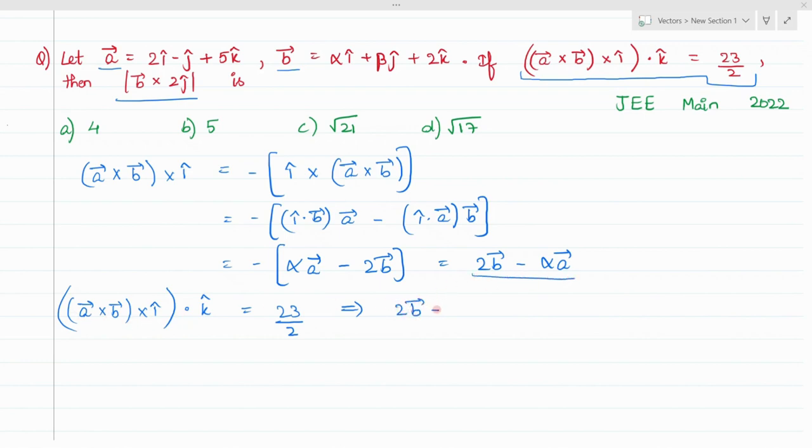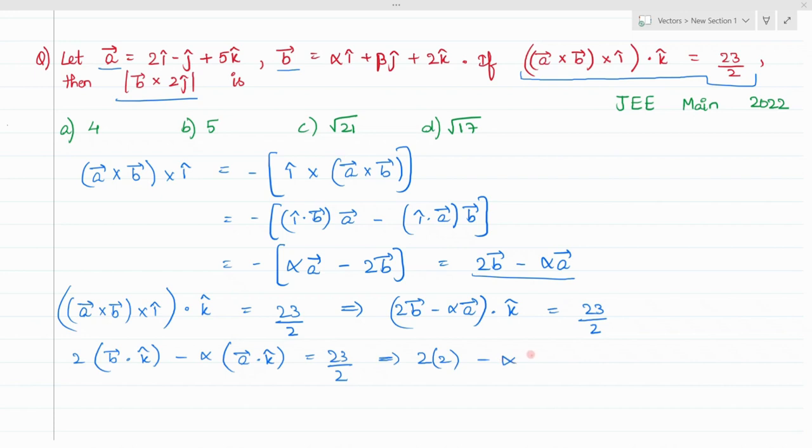So it becomes 2B minus alpha A dot product with k cap. It becomes 23 by 2. 2 times of B dot k minus alpha times of A dot k. It becomes how much? B dot k is nothing but 2, so 4 minus alpha. A dot k is 5.